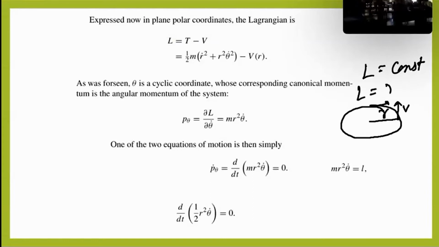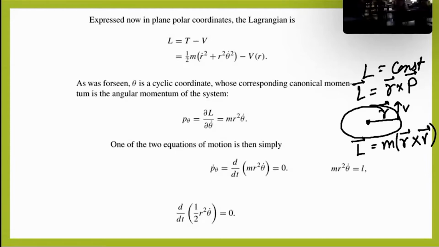L is your r cross p, or I can write this as L equals m r cross v, with p as mv. So r cross v, as you can see from this figure, where I have taken the gravitational elliptical orbit as an example, this is your r and this is your v.